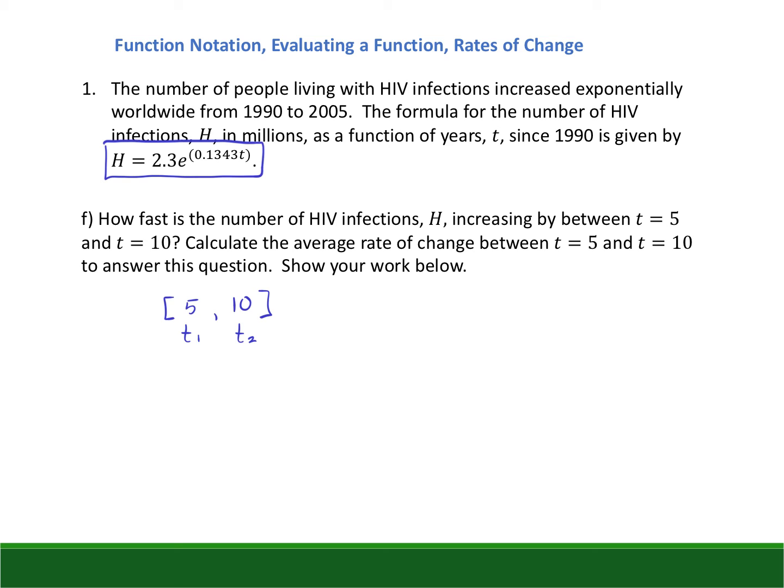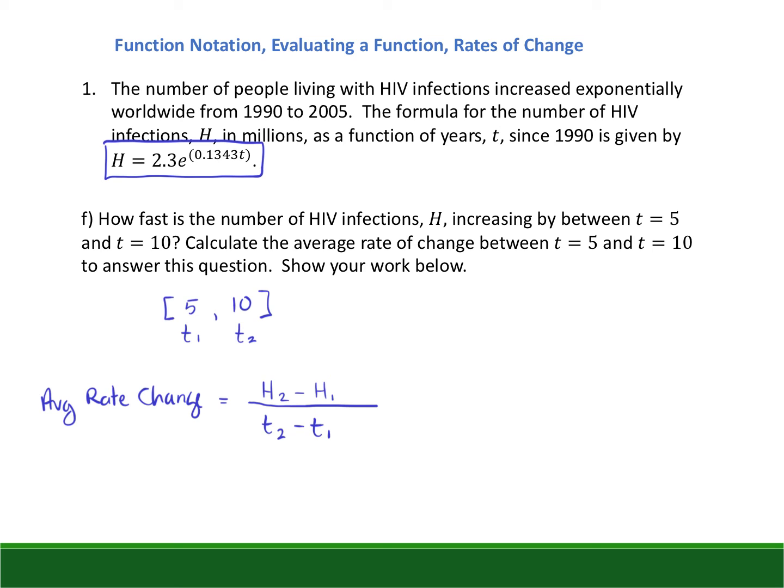To calculate the average rate of change, remember the formula. In this problem, instead of x and y, I'm going to use t and h. Our input value is t, so t sub 2 minus t sub 1, and we divide that into h sub 2 minus h sub 1.